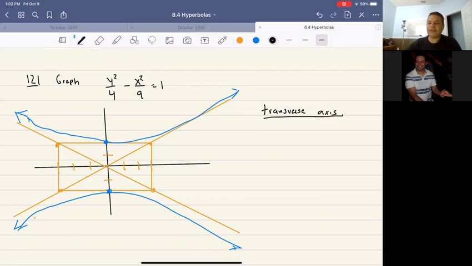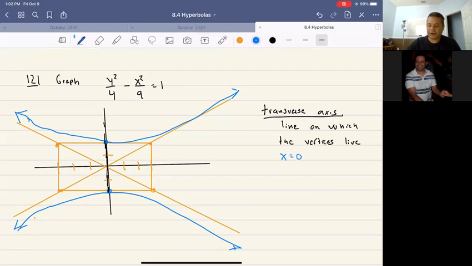Okay, so the transverse axis is the line on which the vertices live. So here, that's this line. Okay, so that's the line x equals 0.